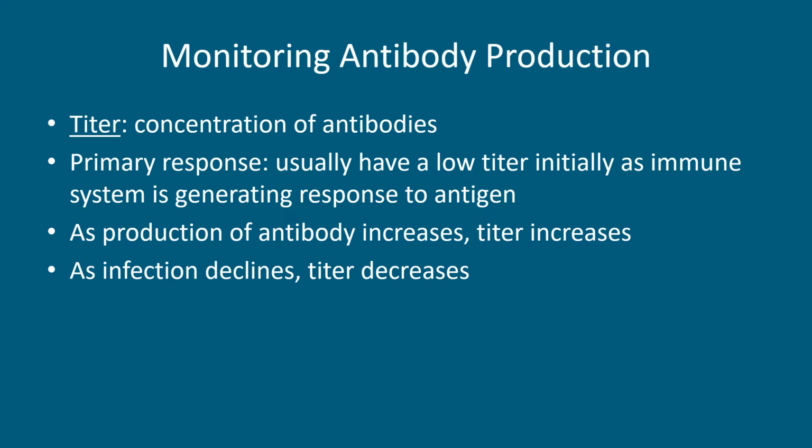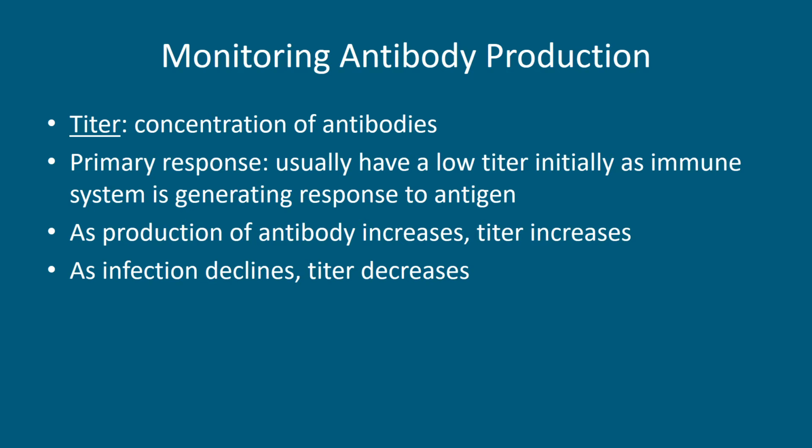One thing we do find with vaccination and immunization records is that over time, sometimes these titers tend to decrease. That's why, especially in healthcare, they will periodically monitor the titer, which is monitoring the concentration of antibodies against a specific organism. They may want you to get a booster.